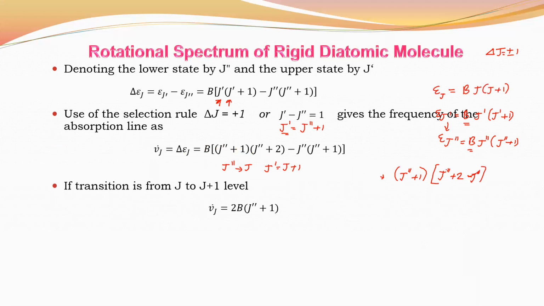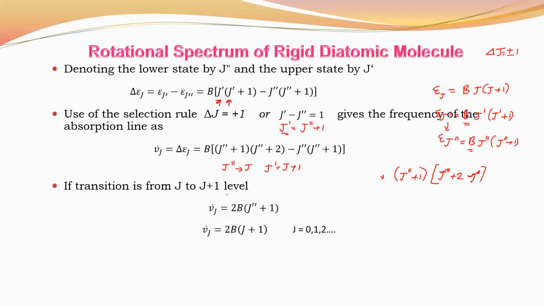So J double dash cancels, then it is equal to 2 into B into J double dash plus 1. And here J double dash is equal to J, then it is equal to 2B into J plus 1.